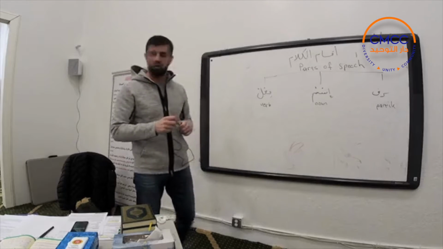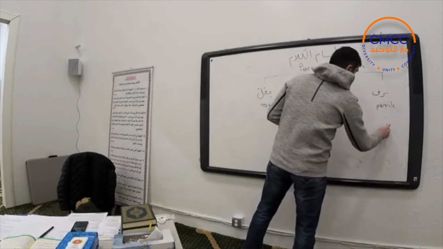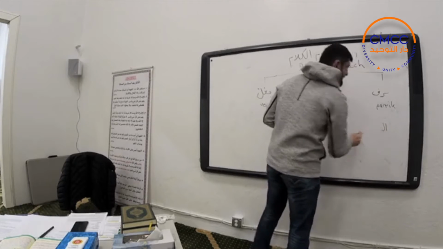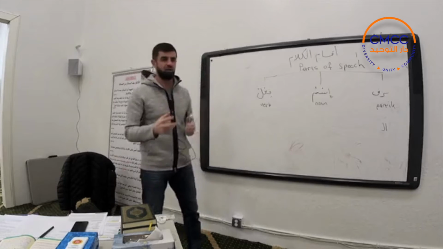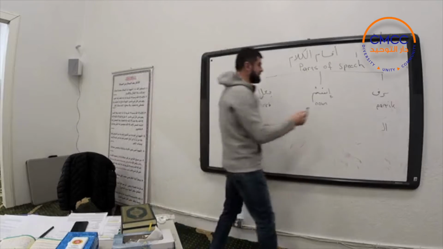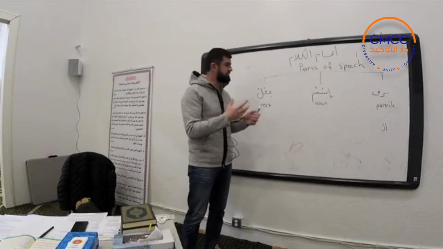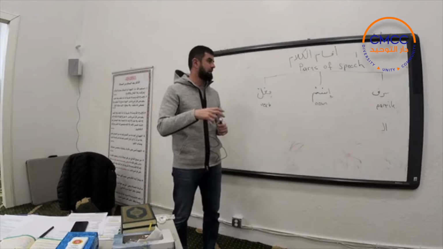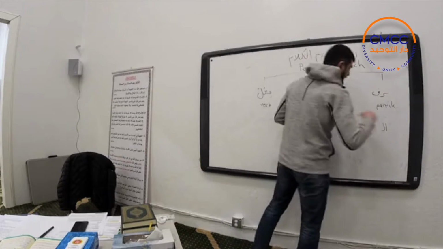Okay. So the first one is alif lam, exactly. Alif lam is a sign of definition. It means that if we put alif lam in front of the ism, noun or adjective, it is going to be definite. We have an analog in English.